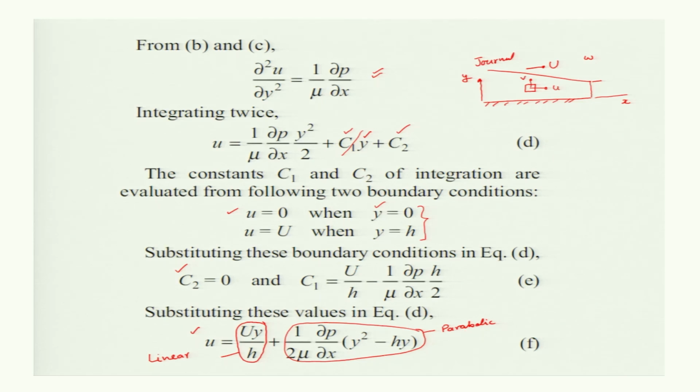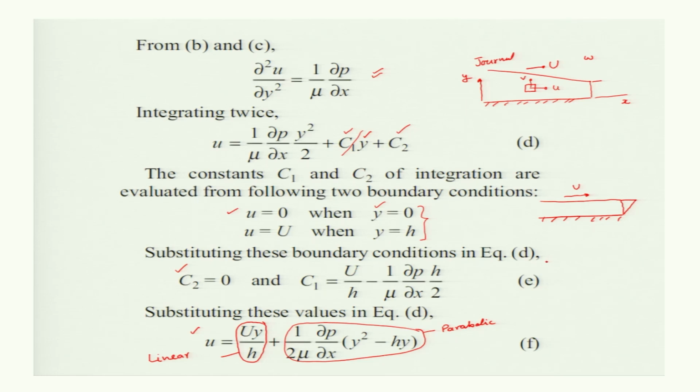Well, now let us see what we studied when we were studying the principle of development of hydrodynamic pressure by considering two cases. The first case, when the plates were parallel to each other and the top plate was moving in this direction with speed U, the velocity profile was linear.